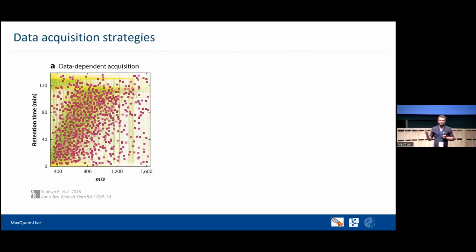So you already saw that, and this is probably the most applied or very popular, the data-dependent acquisition scheme, where you have cycles, always starting with a full scan over the whole range, which is this background here that you see on the LC-MS map. And then the most abundant peptides in the spectra are selected for fragmentation, indicated by these red rectangles.